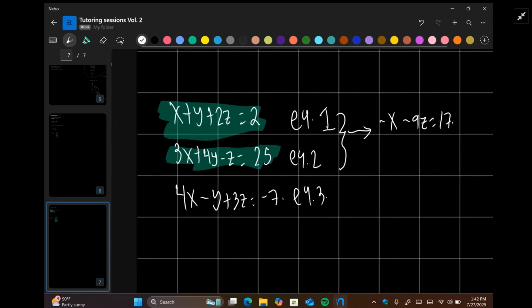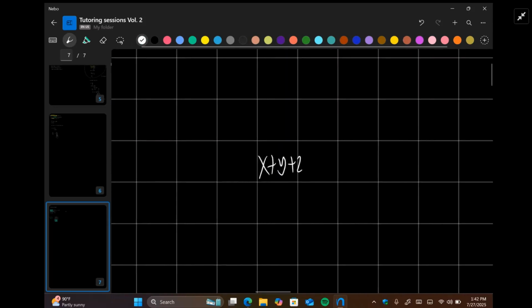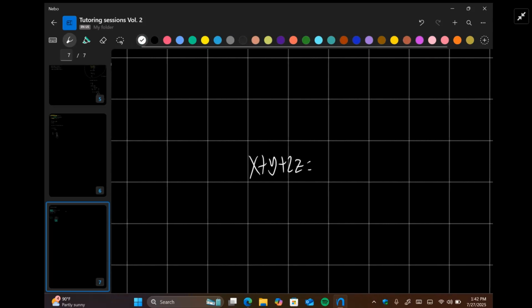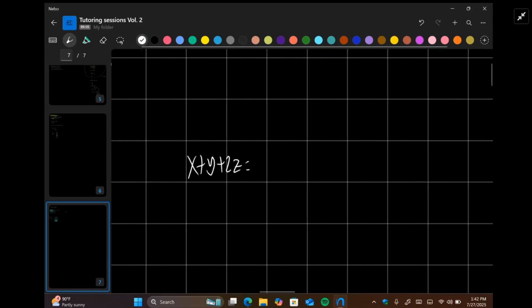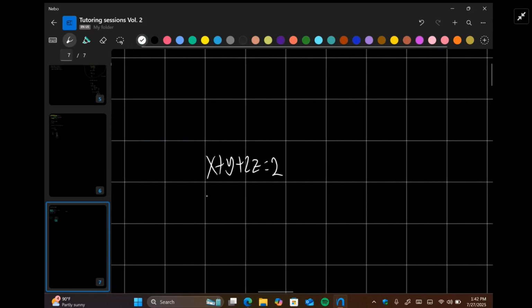Now we're going to grab equations 1 and 3. Equation 1 was x plus y plus 2z equals 2. And then we have 4x minus y plus 3z equals -7.